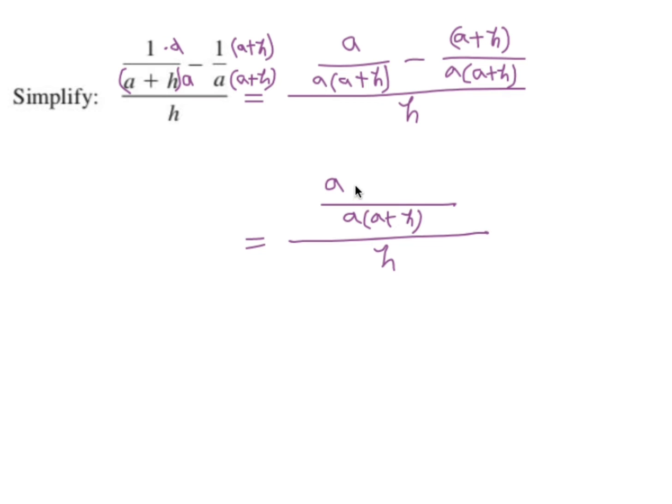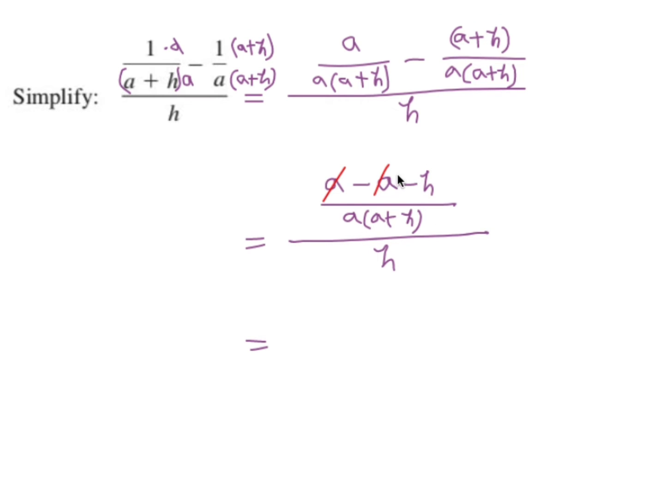So a minus, multiplied with this parenthesis, so minus a minus h. Now a cancels, and just negative h is left upon this, and divided by h.